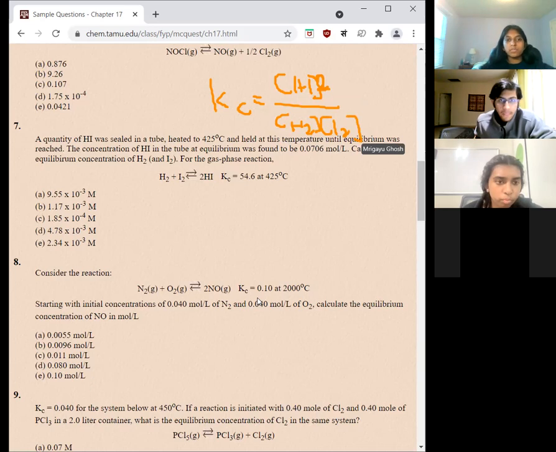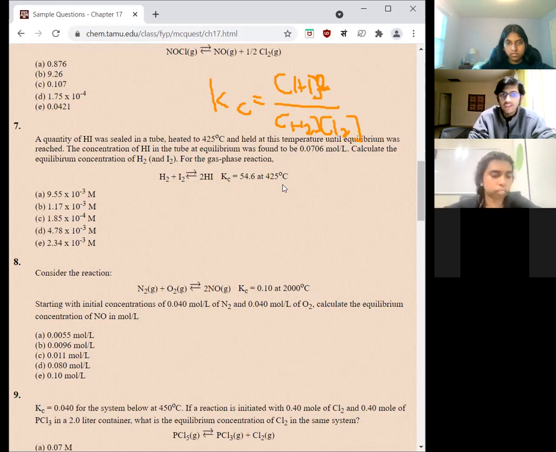Okay, so we do 0.0706 squared divided by 54.6. Okay, let me do that actually. We're isolating H2 I2, right? Is that what we're doing? Okay.